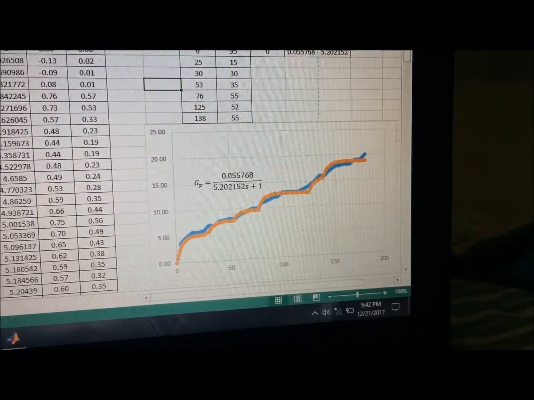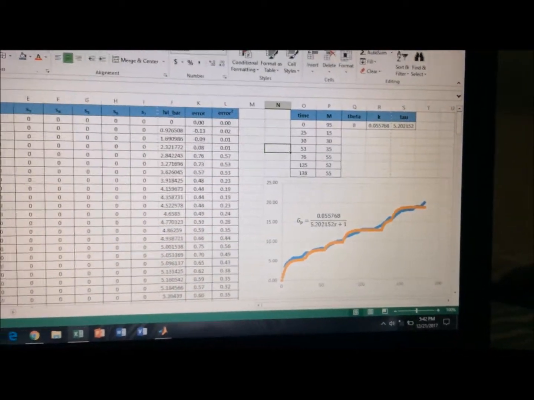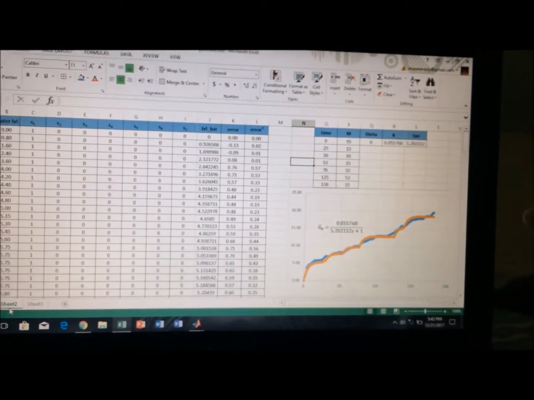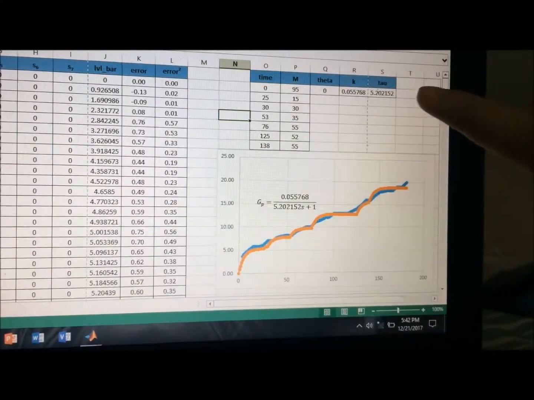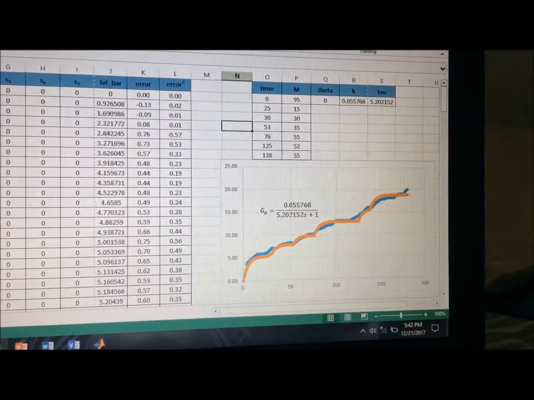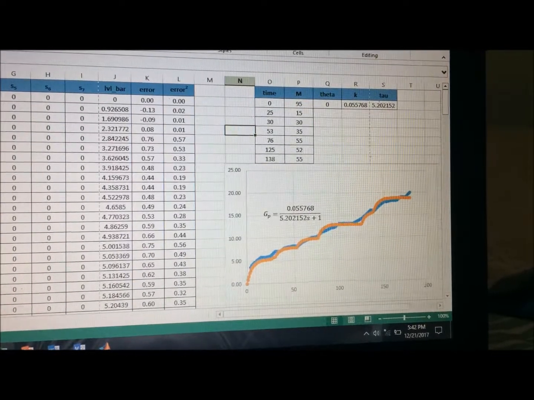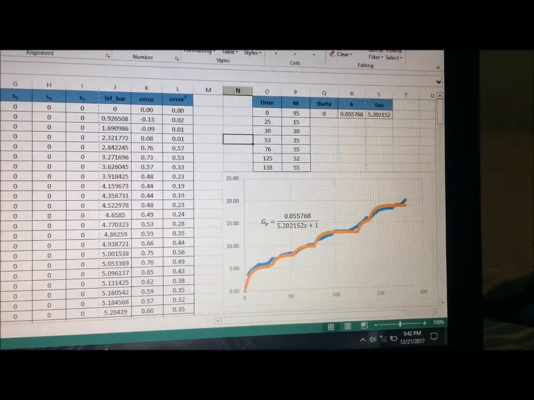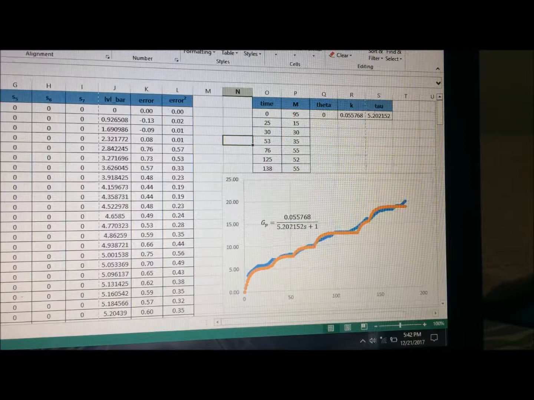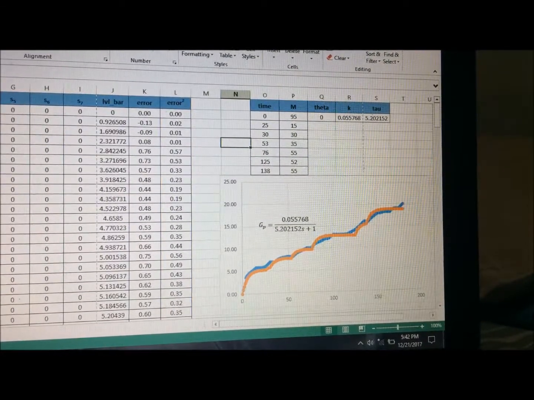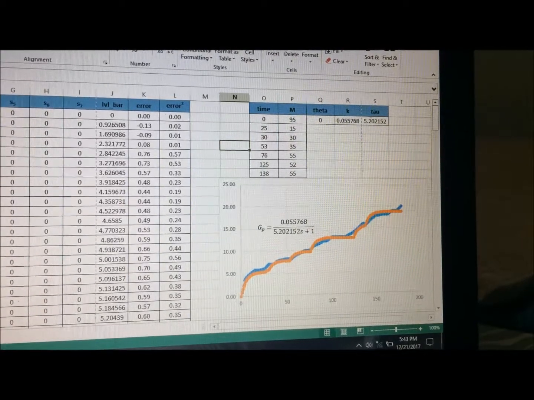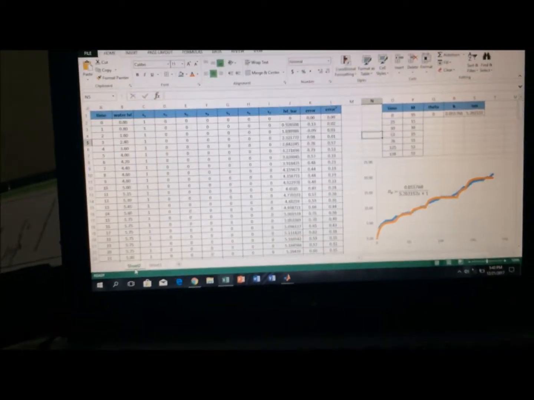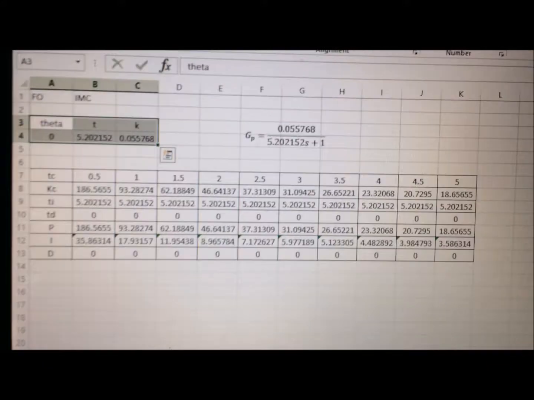So from the regression that we have done, we obtain the GP, whereby theta, which represents the time delay, equals 0. Our gain is 0.055768, and lastly our tau is 5.202152.